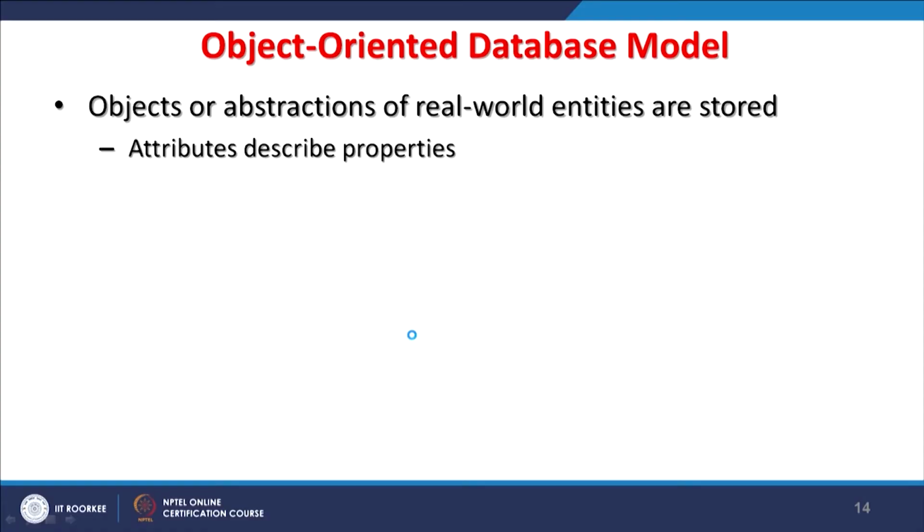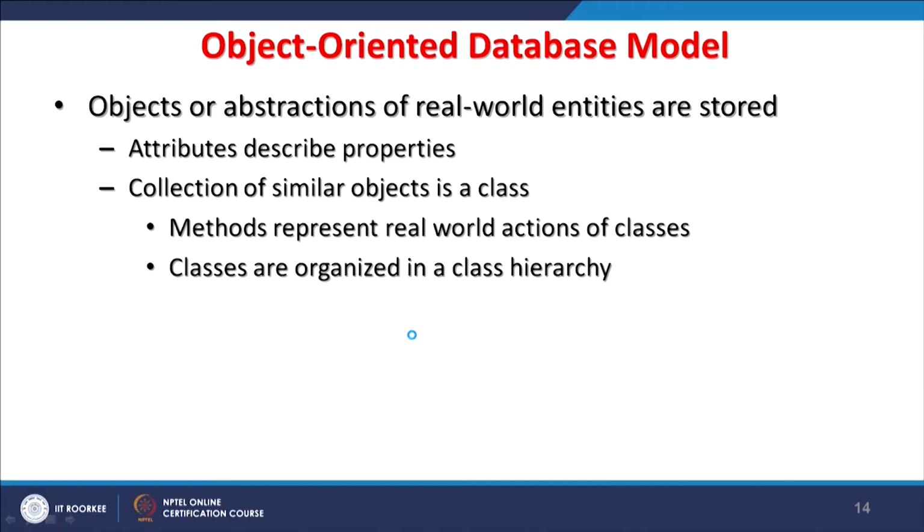Whether it is raster or vector, the attributes describe what phenomena or what information it is, and it is again a collection of similar objects in a class. Methods represent real world actions of classes, and classes are organized in a class hierarchy. So, in the object oriented database model, this is how things are done.